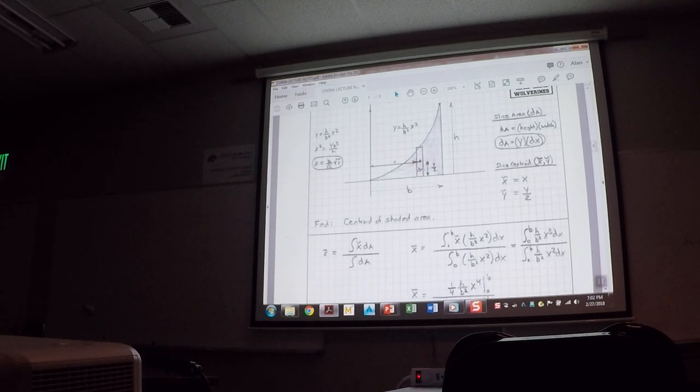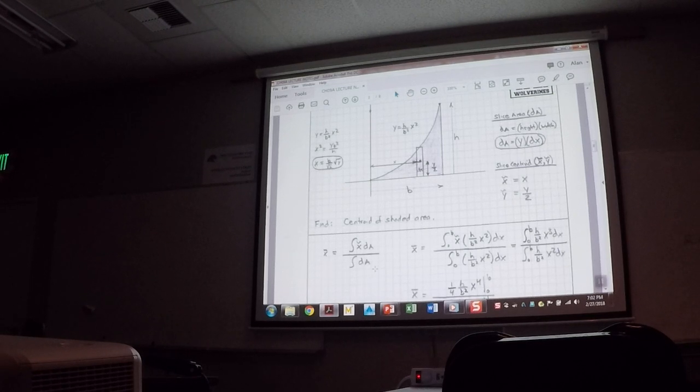This example box is some dx wide, and it has a distance over to its centroid. Because I'm trying to find the x for this big shape here, the centroid for the big shape, what I'm going to do is find the center for each individual slice, one at a time, and times it by its area, and then divide that by the total area.